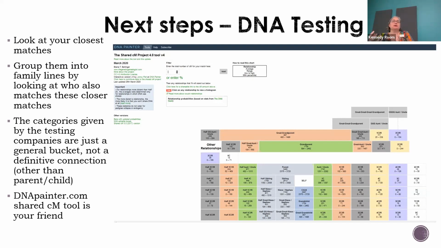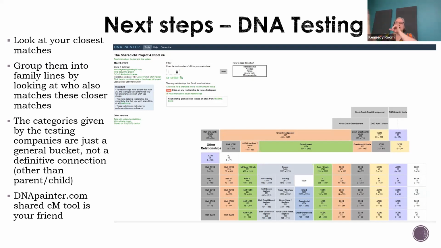You start grouping your matches into family lines by seeing who also matches them. And the amount of centimorgans, which is the unit of measurement for DNA: you share about 3,500 centimorgans with a parent-child match. That's half of your centimorgans. You've got 7,000 of them, but you get 50% from dad, 50% from mom.